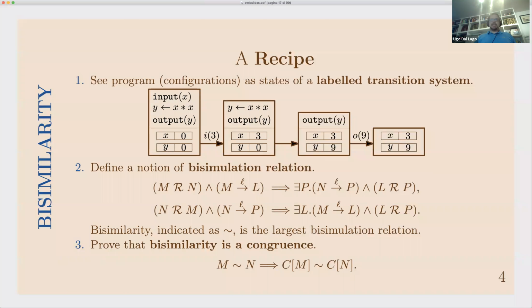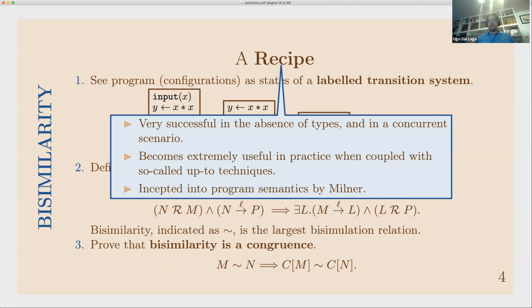And here the challenge is to prove that bisimilarity is a congruence, as with logical relations. This is the so-called fundamental lemma. With bisimilarity, if you work with a typed programming language, it becomes a little bit more complicated. You need to go through something called the Howe technique, and it takes a bit of effort to do so.